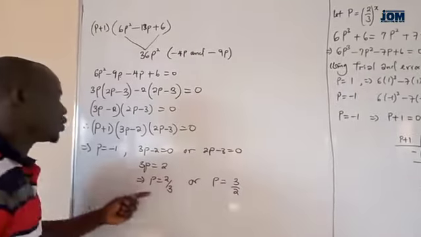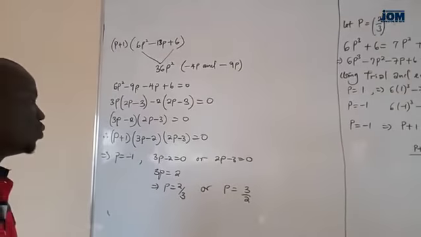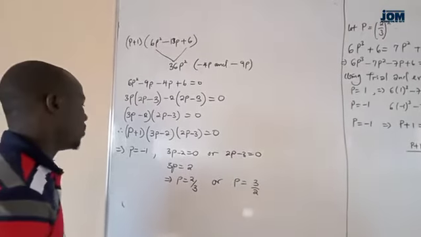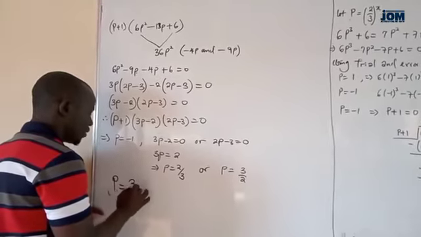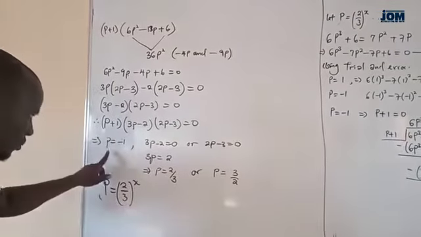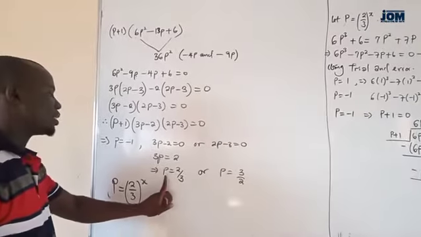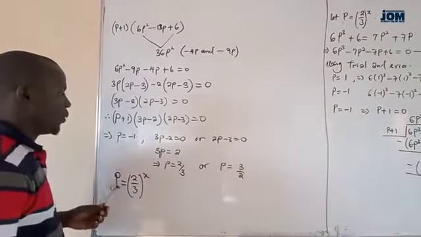So these are the three possible values of p that can get us the value of x that we're looking for. But remember, we say p is equal to 2 over 3 all raised to the power of x. So how do we solve this? Now, I would like to start with these two values.